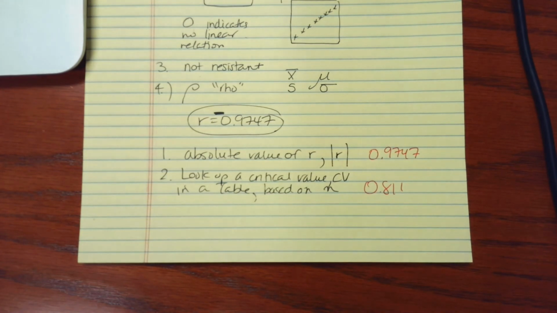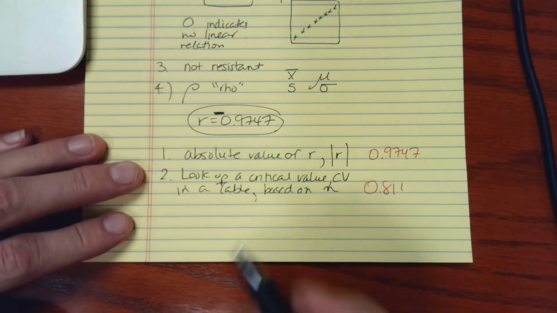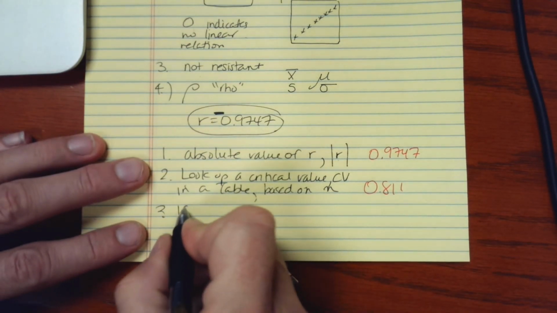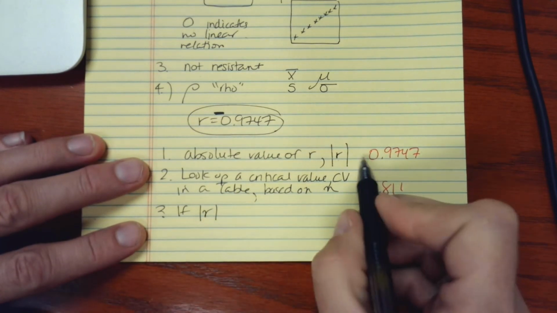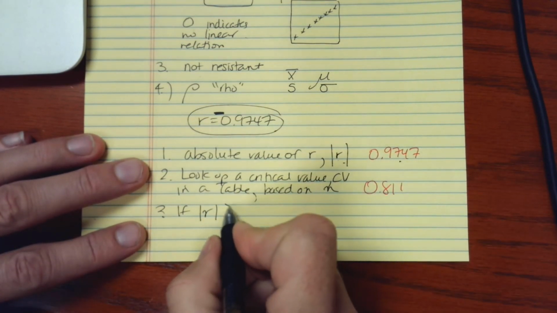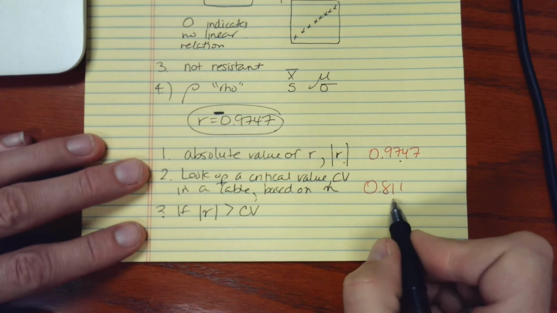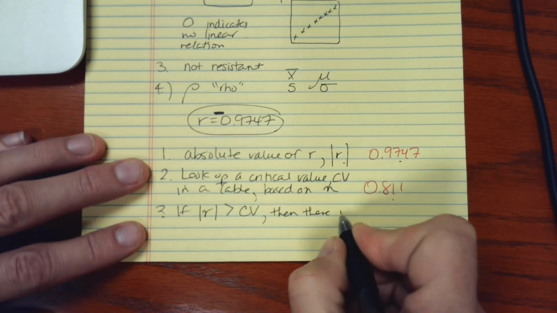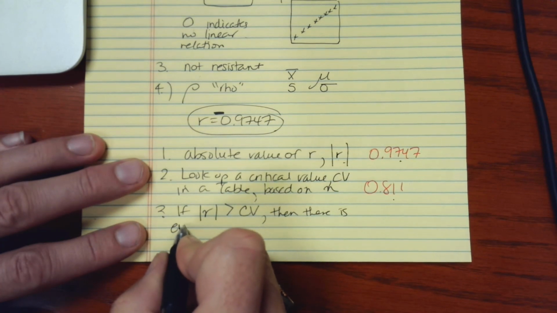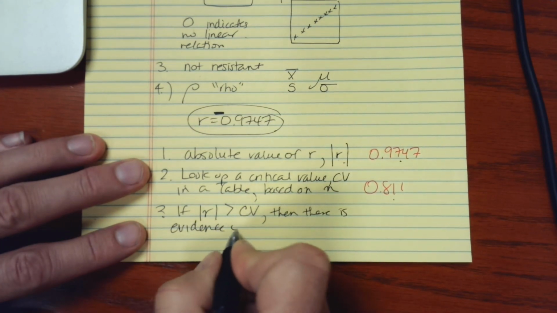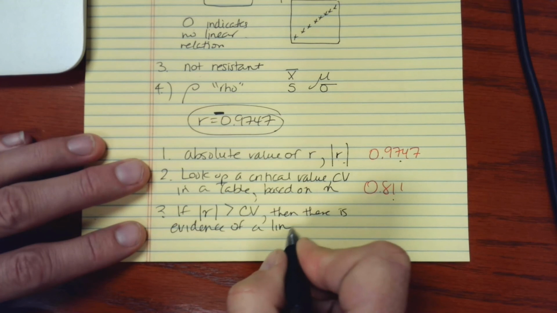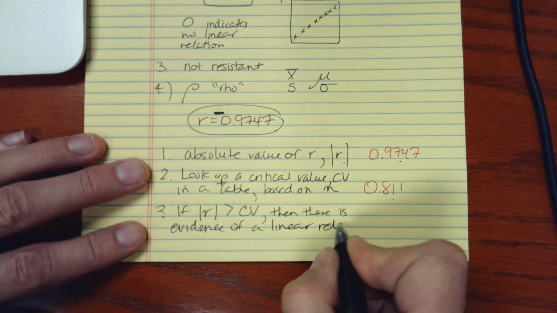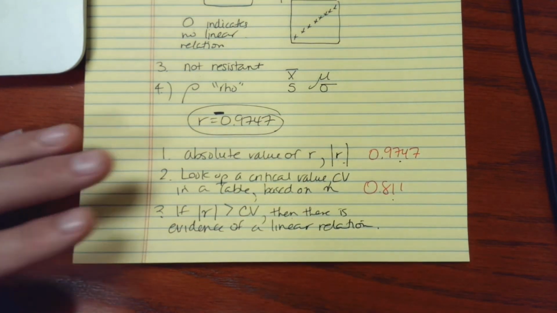So the way that we'll make a decision about whether there's evidence of a linear relationship is we'll say if the absolute value of your correlation coefficient is greater than the critical value that you look up, then there is evidence of a linear relation.